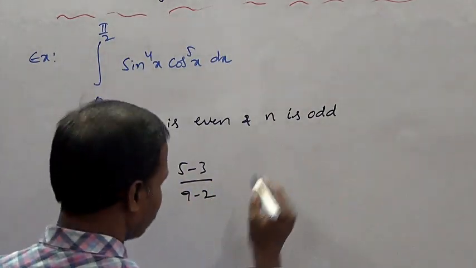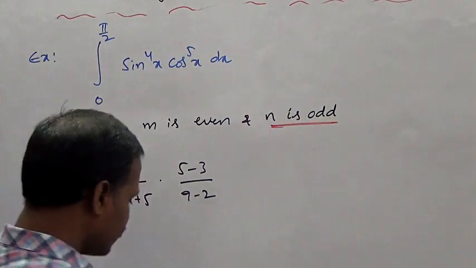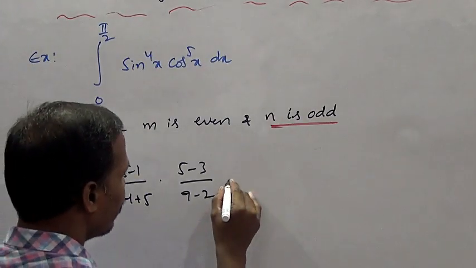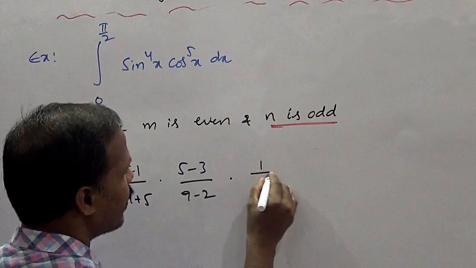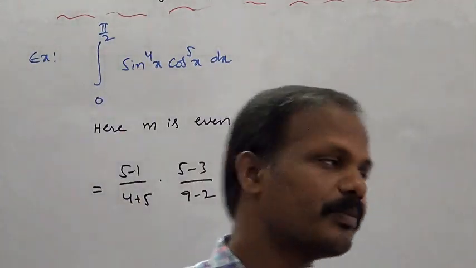Now n is odd. So if n is odd, irrespective of the m value, what you have to do is multiply this with 1 by m plus 1, that is 4 plus 1. Multiply by 1 by m plus 1.